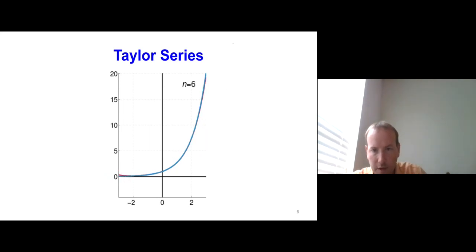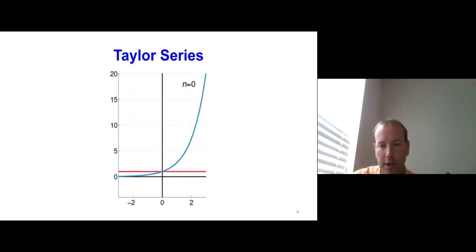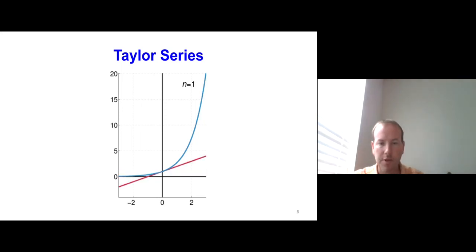If you have this overall curved line, and then at n equals 0, n equals 1, it gets better and better the more terms that you take. And so the more terms, or the higher the n, the lower the truncation error at predicting the overall shape of our function. So that's one aspect of the Taylor series.